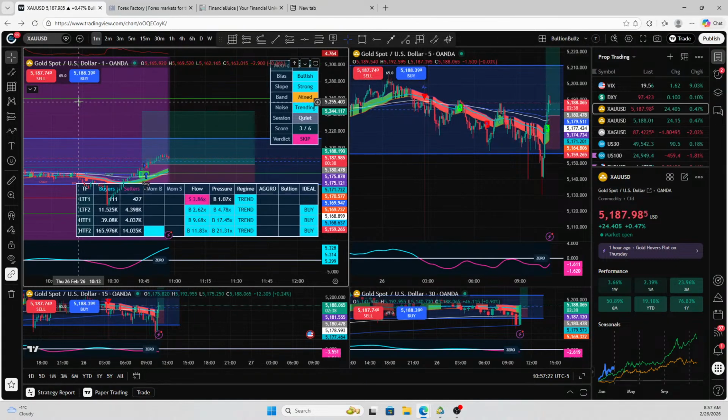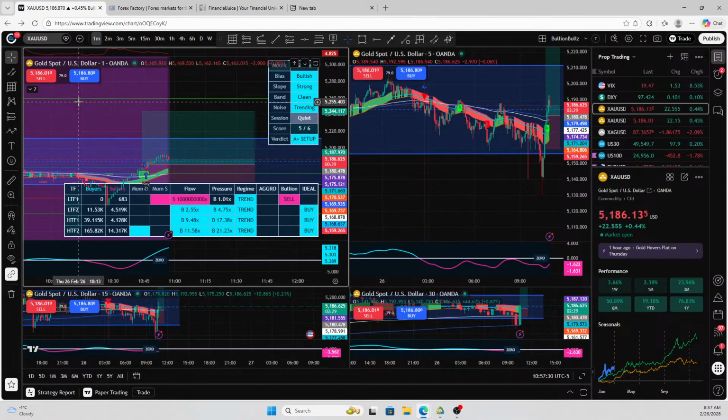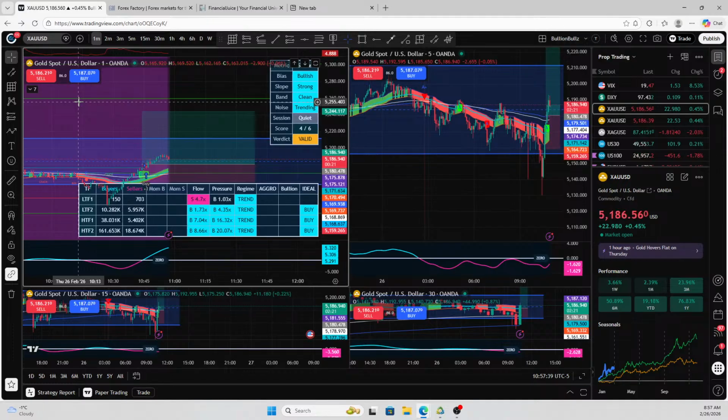Yeah, the volume is not able to sustain so far. With gold, you would usually see an aggressive move to the upside, but in this case, it's just doing the retracement that it did, I think, day before yesterday. Let's see if this is just a pullback or a reversal.